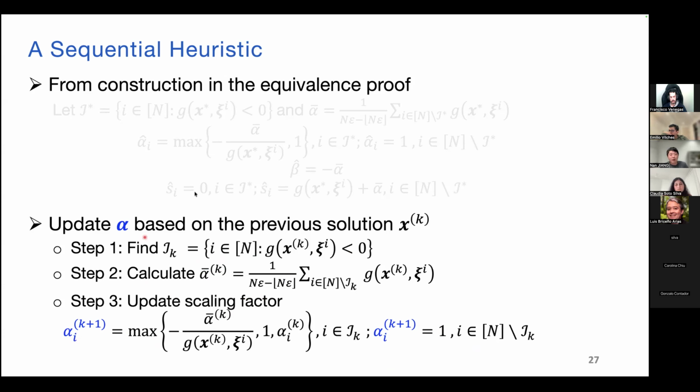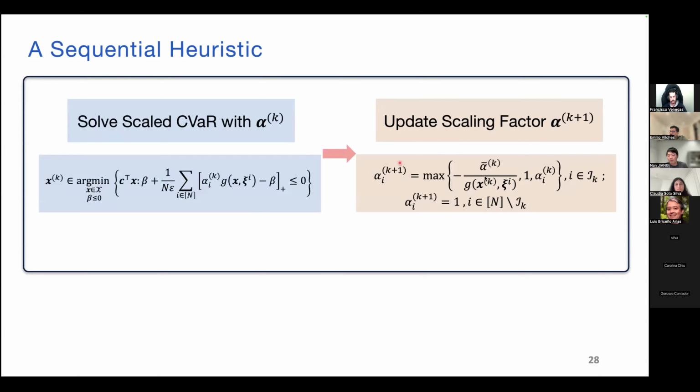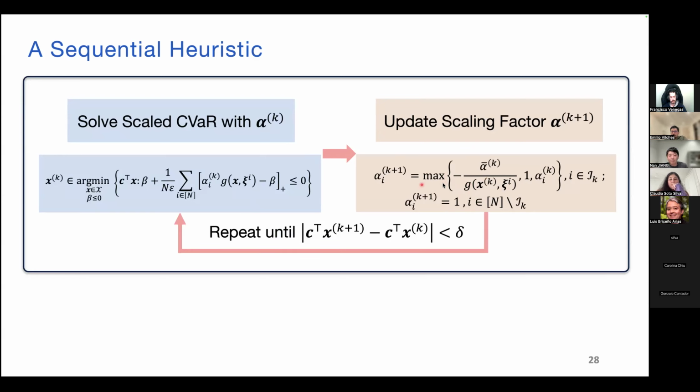So the main idea is that we update alpha in this way. We split the set into two sets: one part where the solution is satisfied, another part where it is not satisfied. If it's not satisfied, we don't scale it. If it's satisfied, we scale it up. We repeat this procedure until convergence.